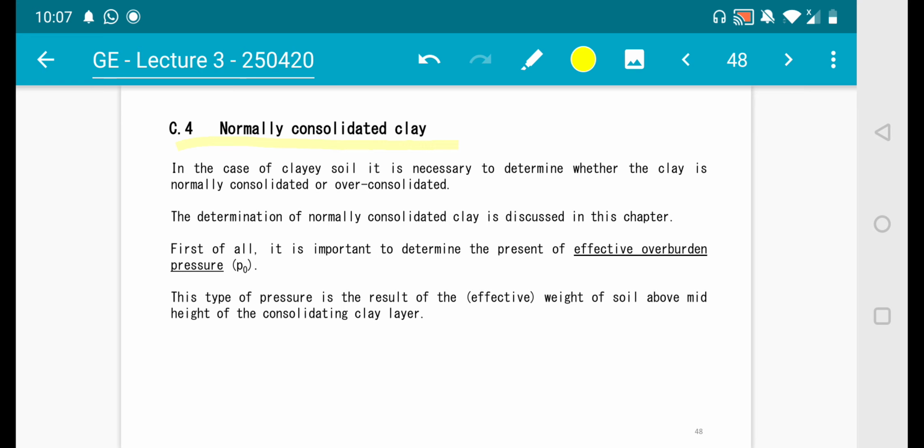It's very simple, just a determination from a graph, but you have to take care of some important terms here. Effective overburden pressure is denoted by this symbol here, small p with an O.